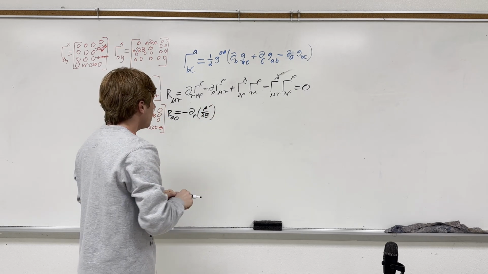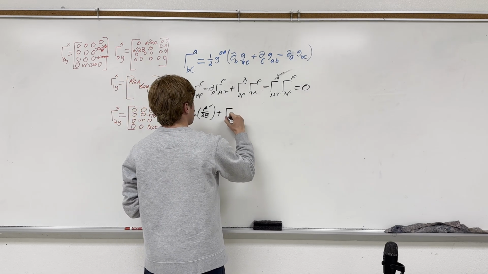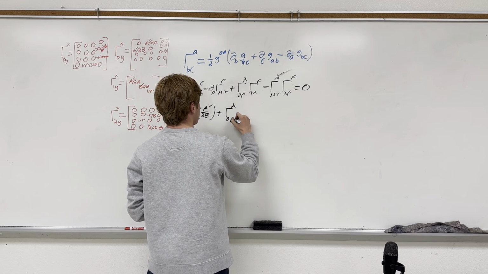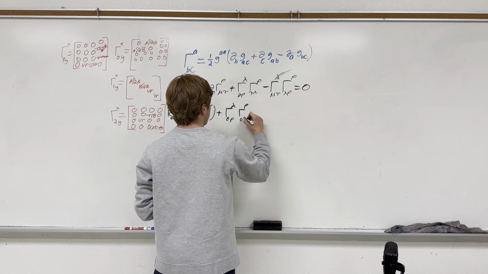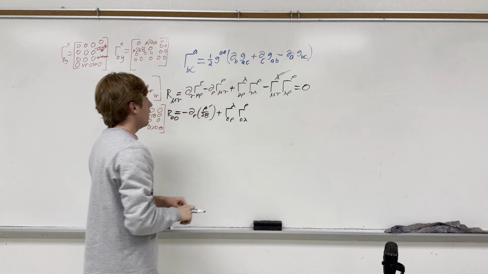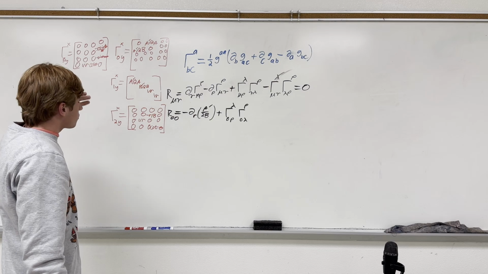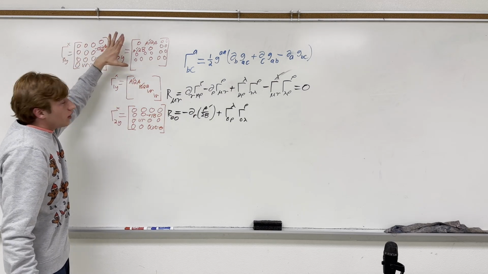Okay, and then next we have these right here. So plus gamma 0 lambda rho, and then gamma 0 rho lambda. And these right here are actually quite interesting because, just look at this, it's mostly zeros, right?